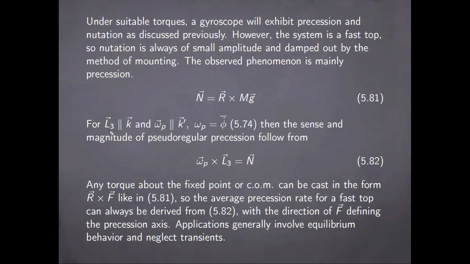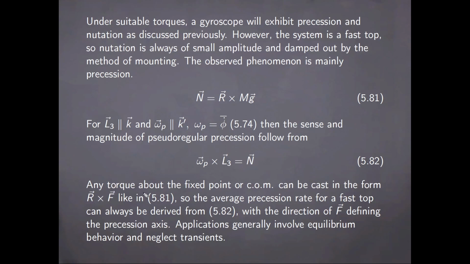And now if we consider that the spin angular momentum is parallel with the figure axis of the top, and that the precession vector is parallel with the vertical axis of the laboratory system, having a magnitude equal to the mean precession rate of equation 5.74, then the sense and magnitude of pseudoregular precession follow from the cross product here.